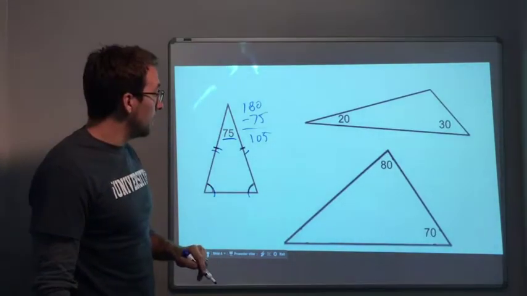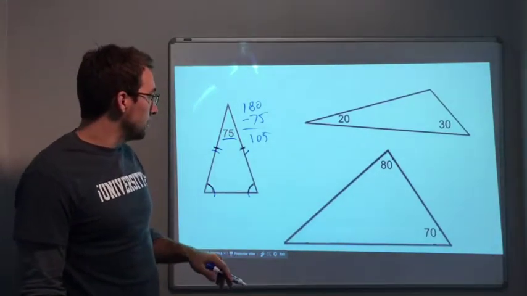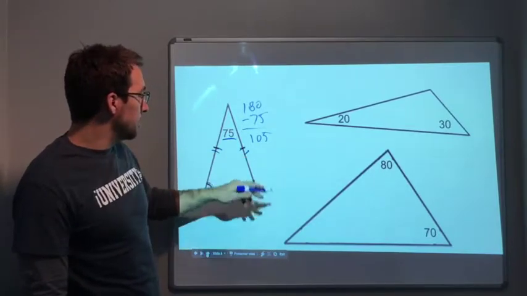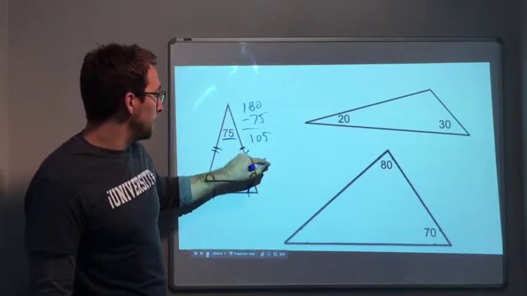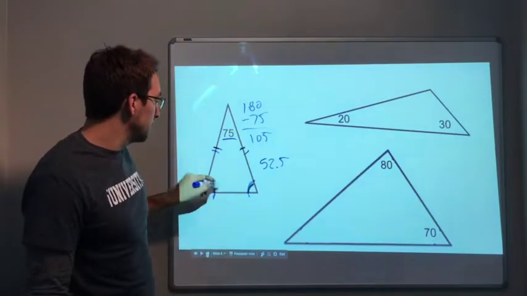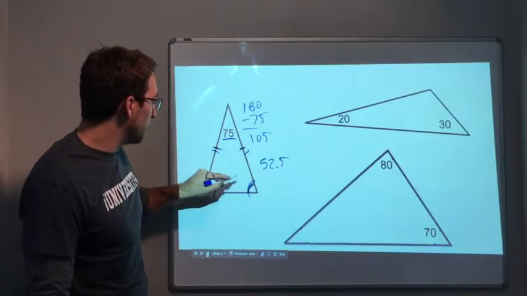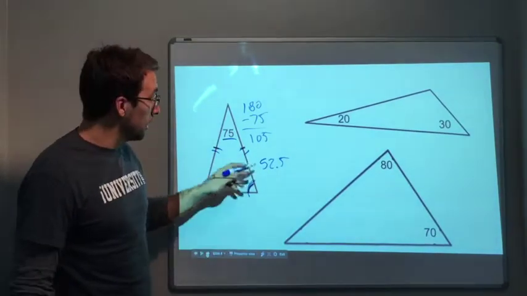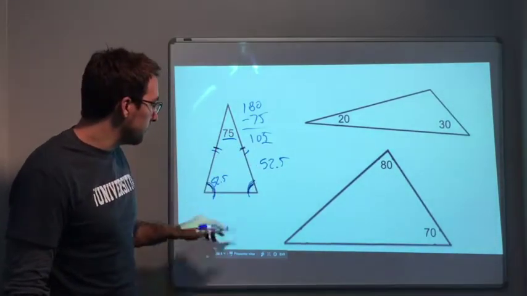And then we can divide that by 2. So what is this angle here? It's going to be 52.5 degrees. So each of these is 52.5 degrees. 52 plus 52 is 104, and then you need 105, so 0.5.